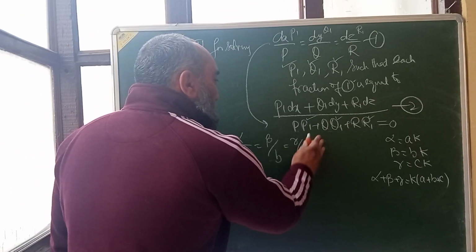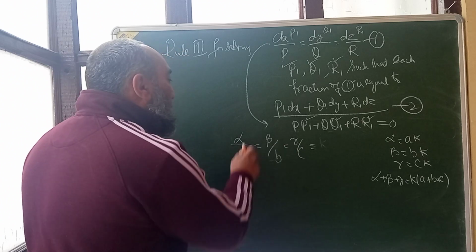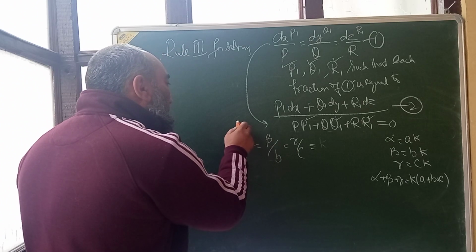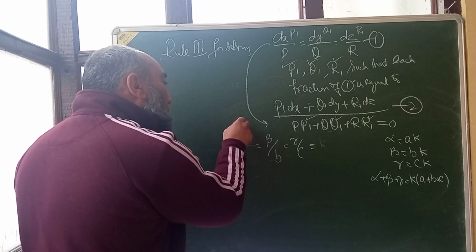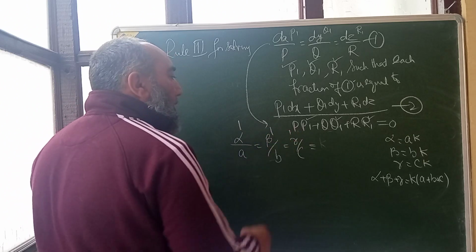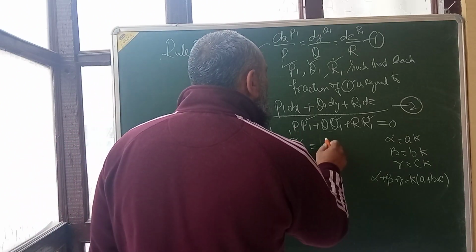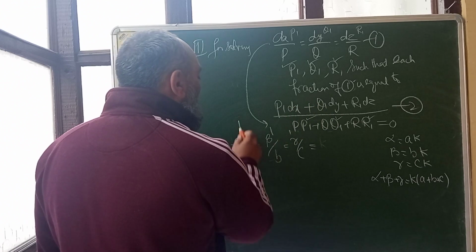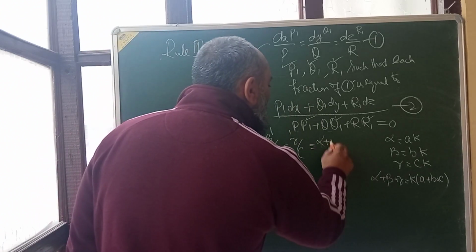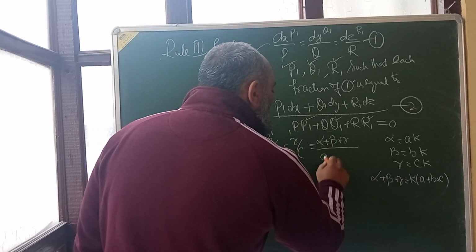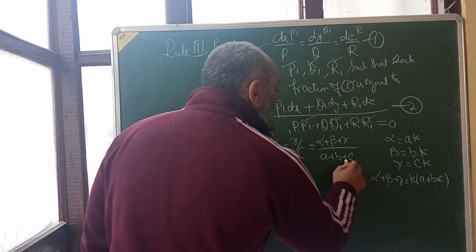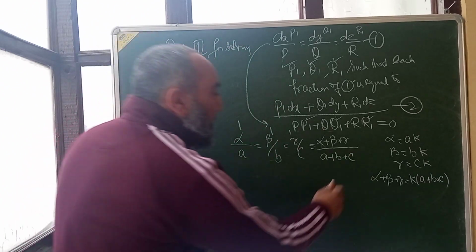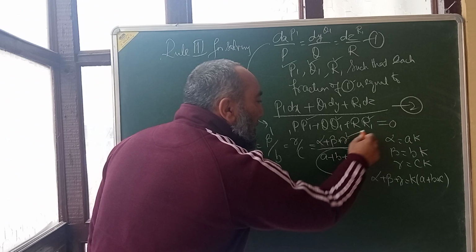Now, these three fractions are equal. I am choosing multipliers 1, 1, 1 such that each fraction is equal by this method: 1 into alpha, 1 into beta, 1 into gamma, over A plus B plus C. And now my claim: if the denominator is 0, so is the numerator.